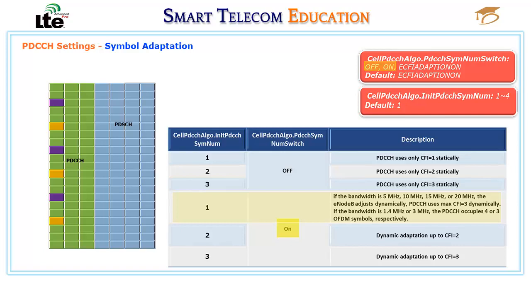If the bandwidth is 1.4 or 3 MHz, the PDCCH occupies 4 or 3 OFDM symbols, respectively. If the initial PDCCH symbol number parameter is set to 2, the PDCCH uses dynamic adaptation up to 2 symbols. If it is set to 3, the PDCCH uses dynamic adaptation up to 3 symbols.